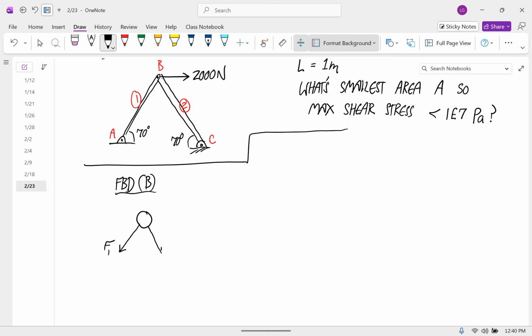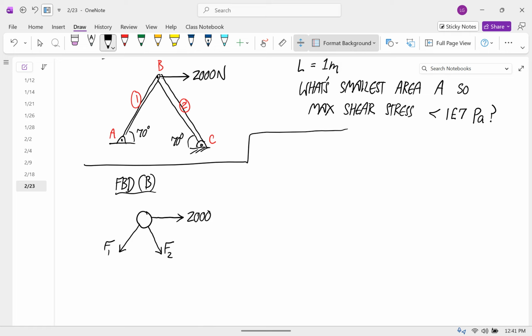So that would be pulling on it this way, and that's F2. And that 2,000 Newton force is also applied to that joint. So 2,000 this way. That's all the forces that are applied to that pin.